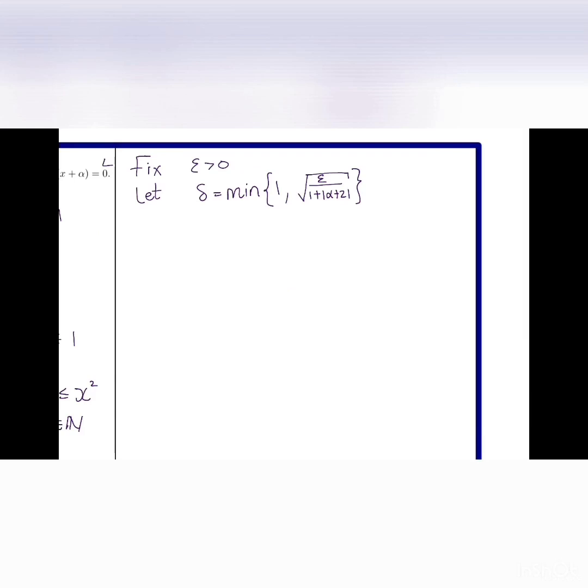So now that I've picked my delta in such a way, what does this actually mean? It means that my delta is less than or equal to 1, and my delta is less than or equal to the square root of epsilon over 1 plus |alpha| plus 2. It satisfies both of these things.